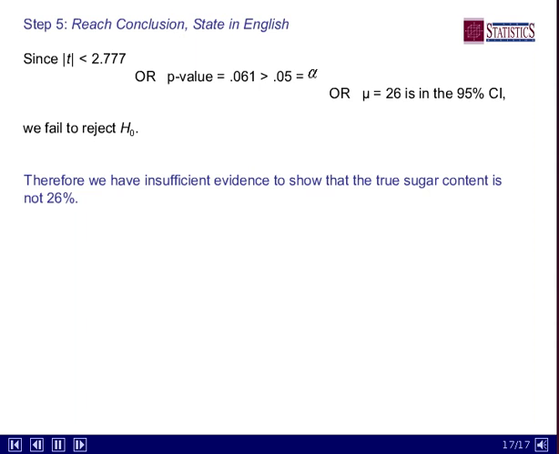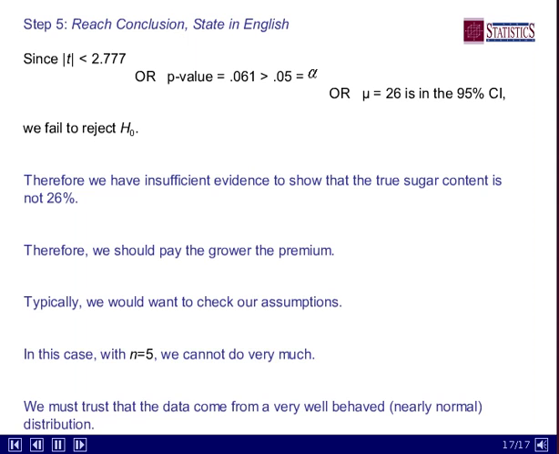Or in English, there's not enough evidence to suggest the sugar content is not 26%. So in other words, it does appear that this shipment achieves the 26%. Therefore, we should pay the grower the premium.